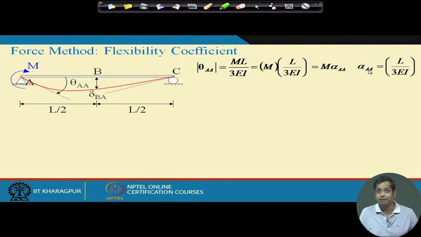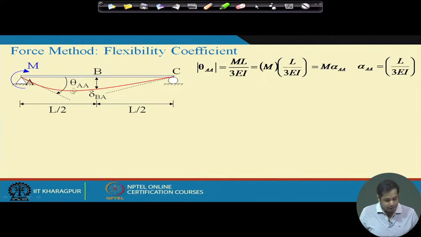Alpha AA is the flexibility coefficient, and this flexibility coefficient is associated with the moment at A and rotation at A. That is why it is AA. Now, we will be using two symbols for flexibility coefficient, one is F and one is alpha, F for displacement and alpha for rotation. Okay.